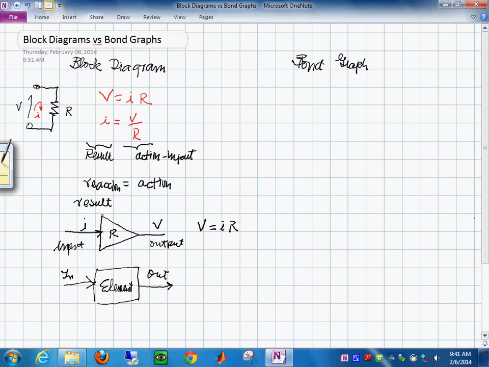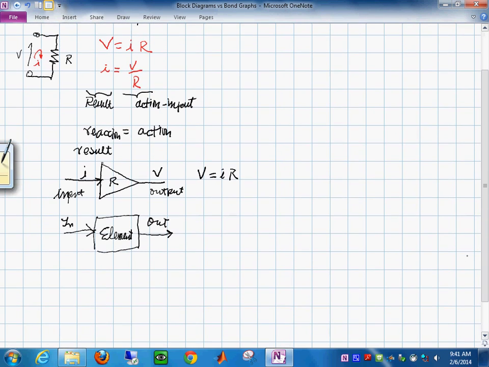It follows that, let's call this option number 1. Option number 1, I is the input, V is the output. But option number 2, in this case, V is the input, and I is the output. So how do we actually represent that?